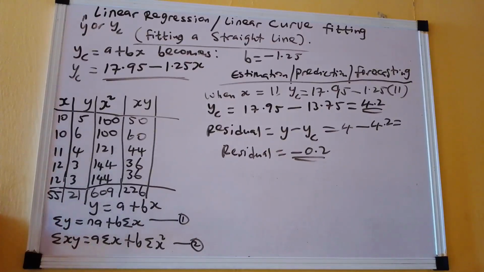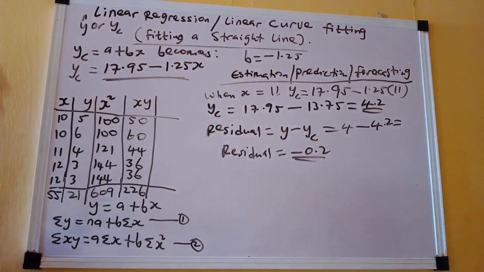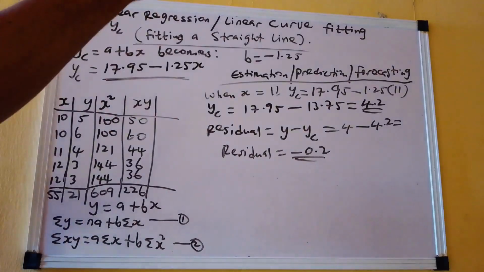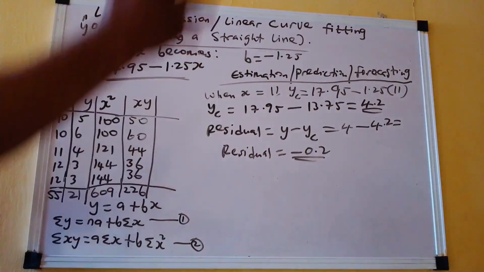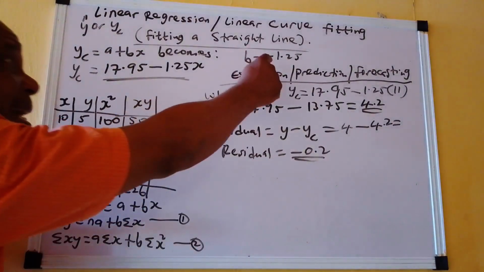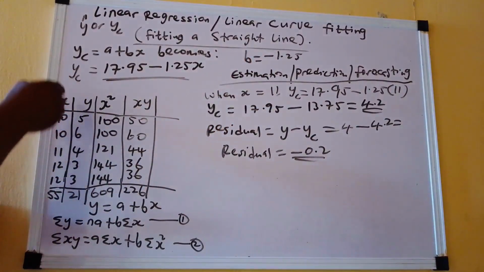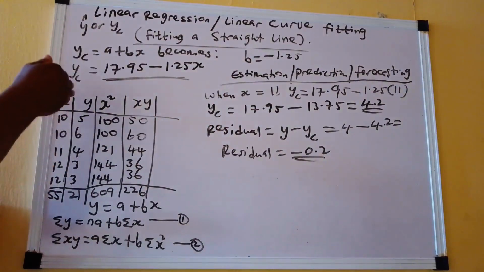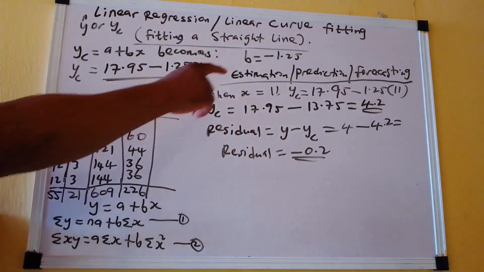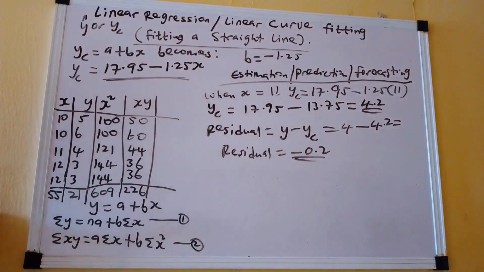If it is positive, as x is increasing, y is also expected to be increasing. So a positive increase in x will lead to a positive increase in y. Are you getting me now? So this one that is negative means that as x is increasing, y is decreasing. That's what we have seen in this value of the slope.